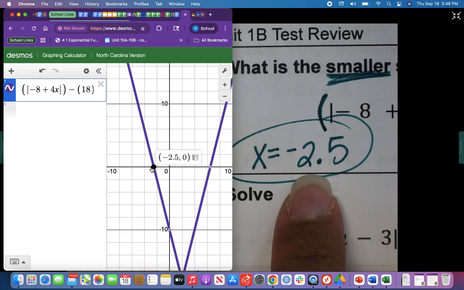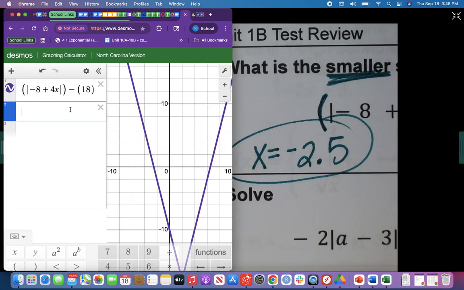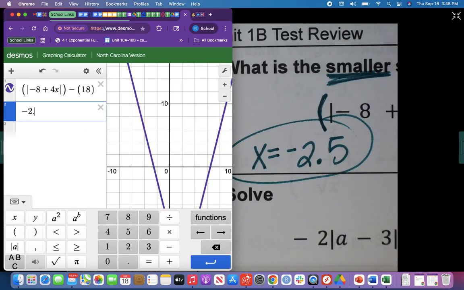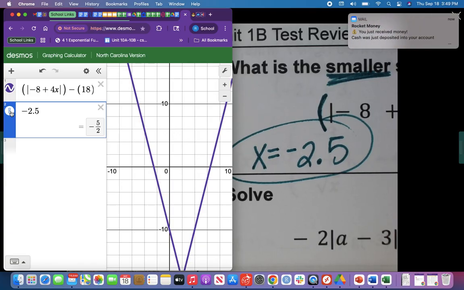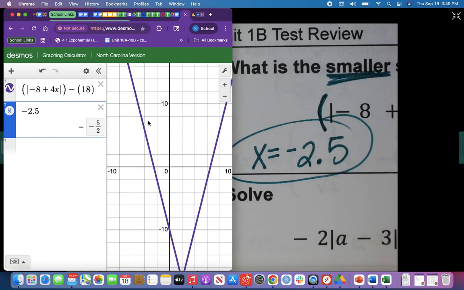So negative 2.5. If you wanted to put it as a fraction, then again, just type it in, negative 2.5, click the fraction, so that would be negative 5/2. So either one of those would be acceptable. If they wanted the fraction, then it should say fraction, like put your answer as a fraction. If it doesn't, then putting the decimal is fine.